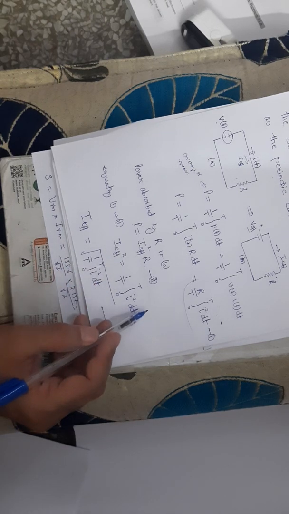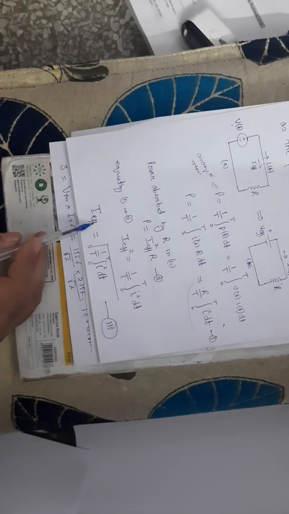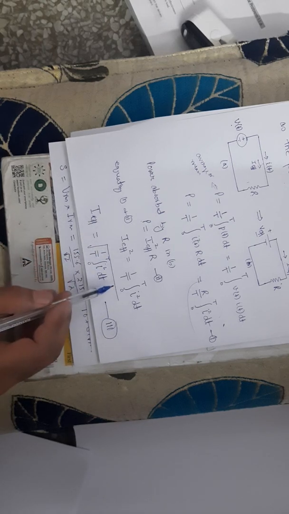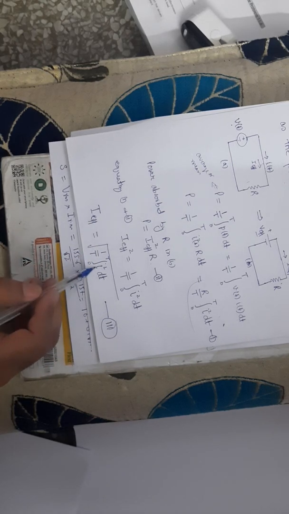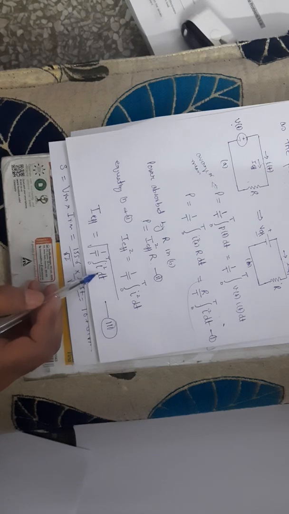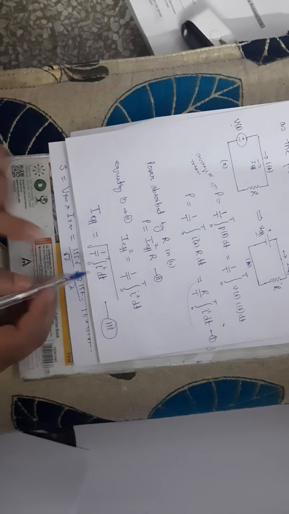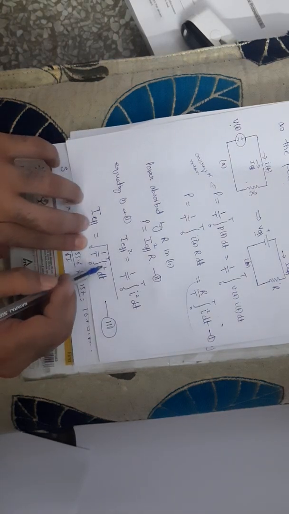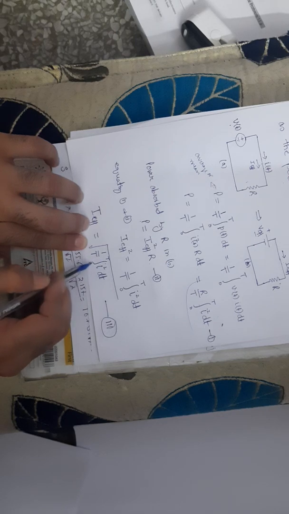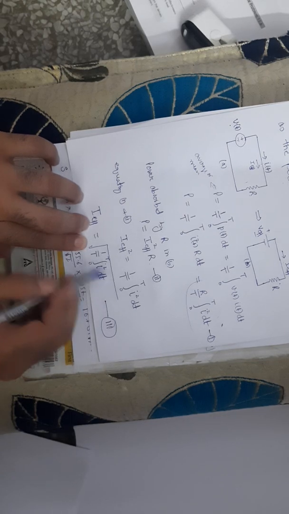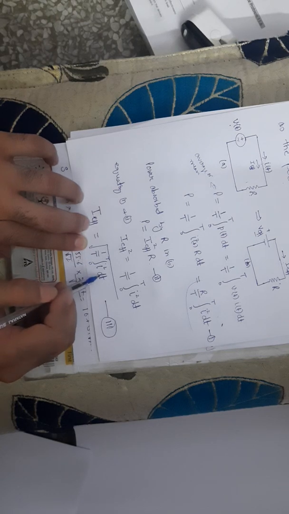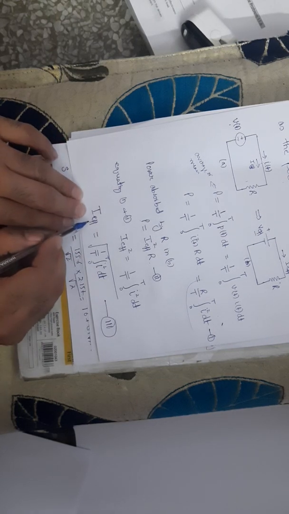The effective value is nothing but the square root of the average of the square of the AC current, because 1 upon T integral 0 to T I square dt is the average of the square. So the square root of the average of the square of the AC current gives me the effective value of the current.